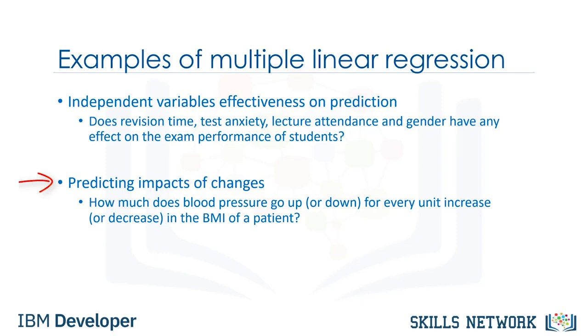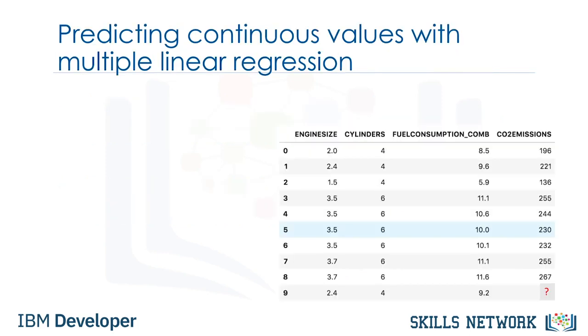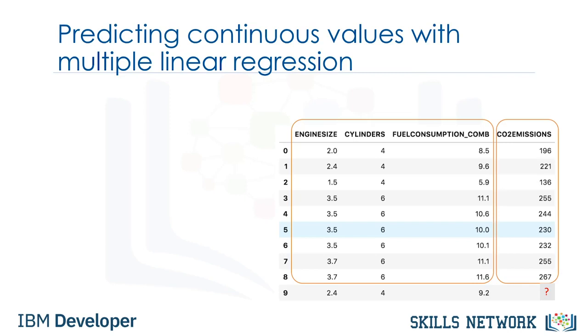As is the case with simple linear regression, multiple linear regression is a method of predicting a continuous variable. It uses multiple variables, called independent variables, or predictors, that best predict the value of the target variable, which is also called the dependent variable.